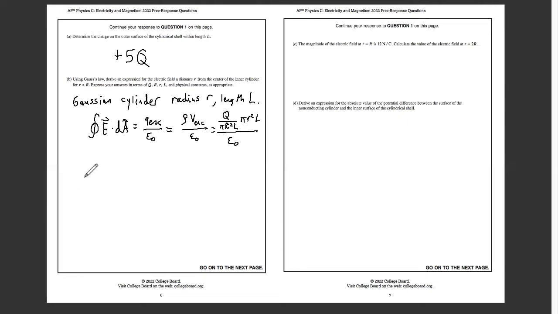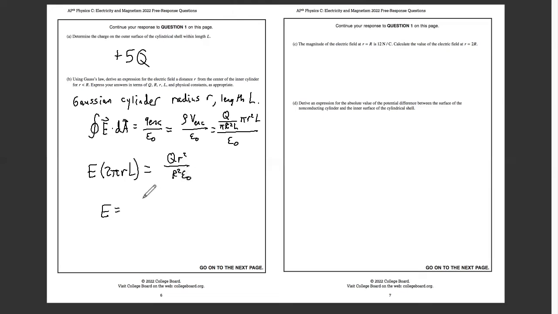Now, because we can ignore edge effects, the electric field will be constant across the entire lateral part, not along the faces of the cylinder, but just the lateral parts. So the area will be 2 pi lowercase r times L. Simplifying the right side, I get Q little r squared over big R squared epsilon naught.